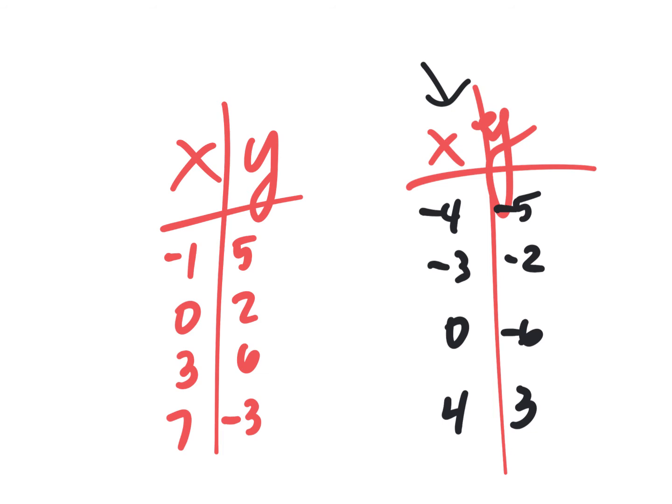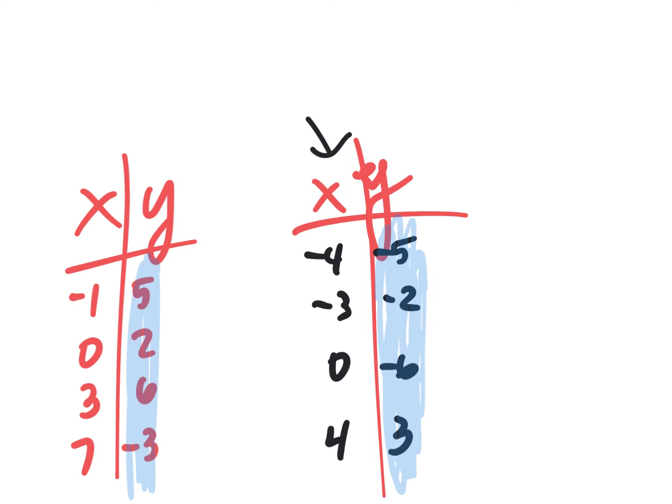All right, one thing at a time. Does anybody notice anything about these numbers and these numbers? Yeah, I bet some of you are seeing that all the y's have been multiplied by a negative. Okay, now think about that. All of the y's were multiplied by a negative.